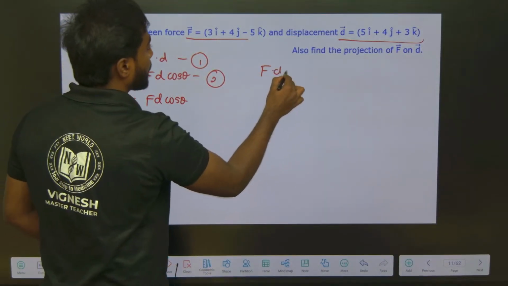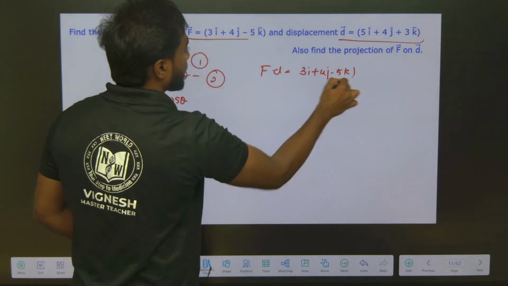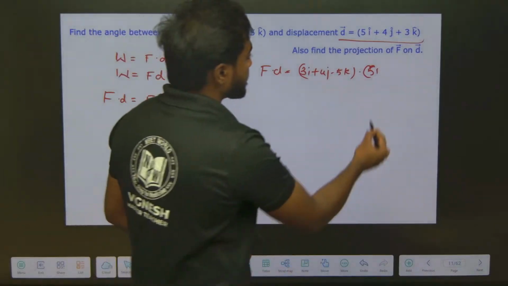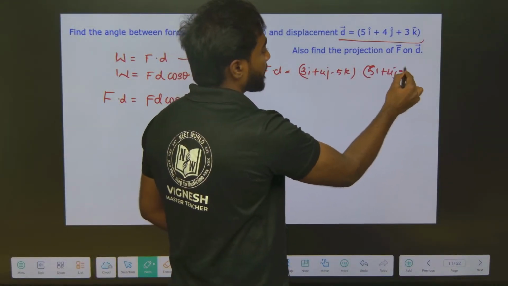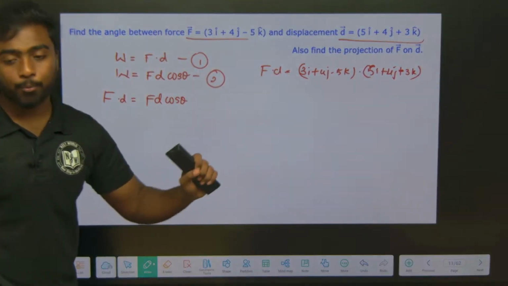If I want to find F dot D, it will be equal to 3i plus 4j minus 5k dot 5i plus 4j plus 3k. Now I need to do the dot product of both of them.